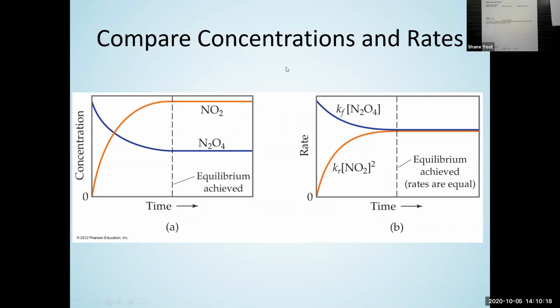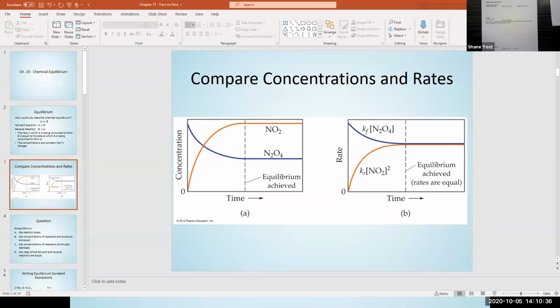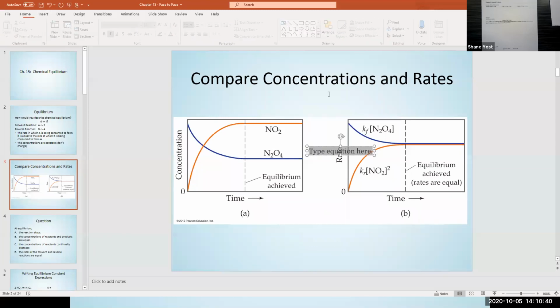The rate of our forward reaction is given by its rate law of Kf times the concentration of N2O4. For the rate of the reverse reaction, I can write out the reaction just so it's clear.